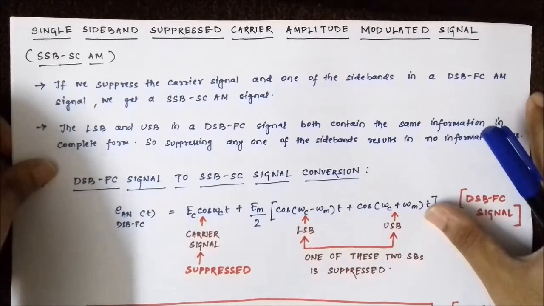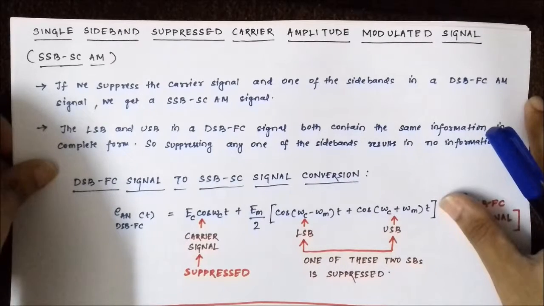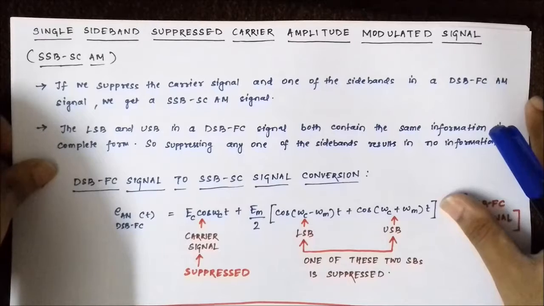Another type of amplitude modulated signal which we are going to discuss today is the single sideband suppressed carrier amplitude modulated signal. It was just discussed in brief during basic concepts of amplitude modulation. You can check that video out in my channel. So today we are going to discuss it in detail.